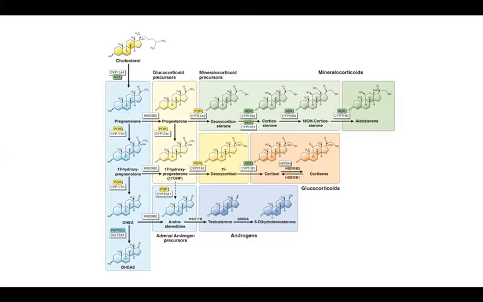This pregnenolone is converted into 17-hydroxypregnenolone, which is then converted into DHEA, that is dehydroepiandrosterone, and that leads to the synthesis of androstenedione and the adrenal androgens. Pregnenolone can also get converted into progesterone, and this progesterone can then make 17-hydroxyprogesterone, or the 17-hydroxypregnenolone can get converted into 17-OHP, that is 17-hydroxyprogesterone, which then gives us the glucocorticoids, that is cortisol.